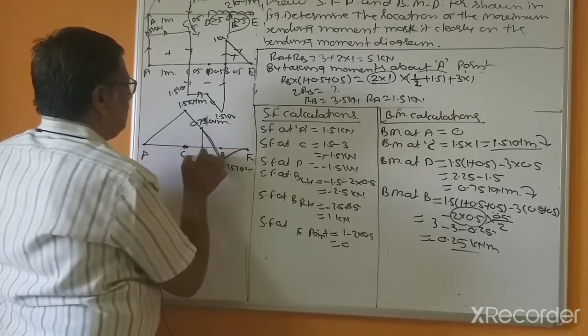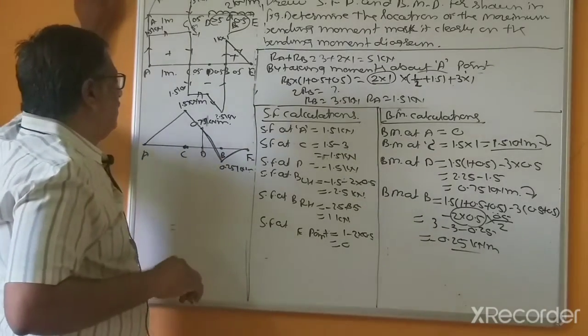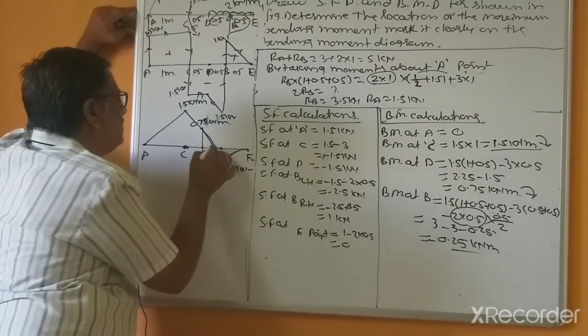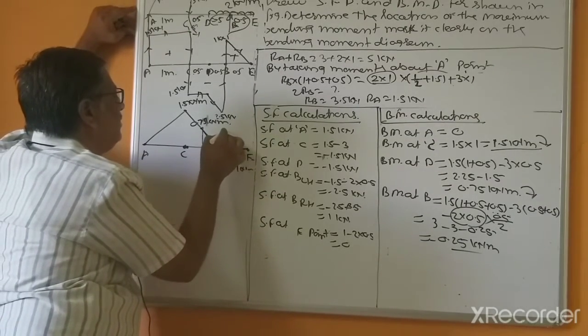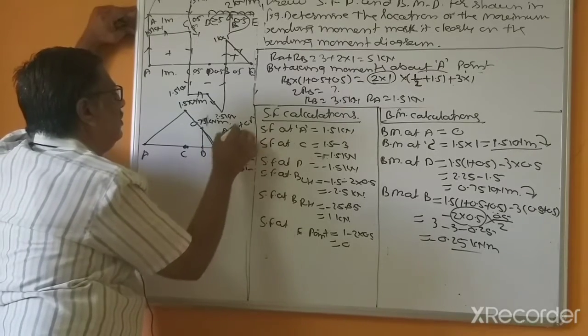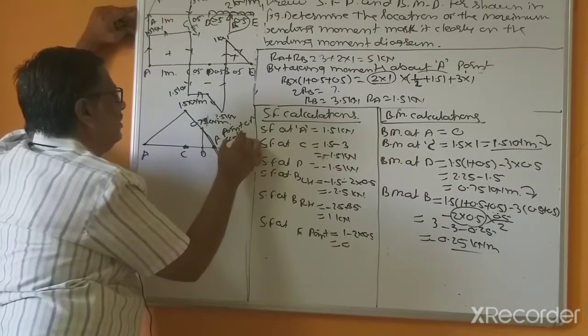So this distance equal to, now suppose this is P, point of contraflexure.